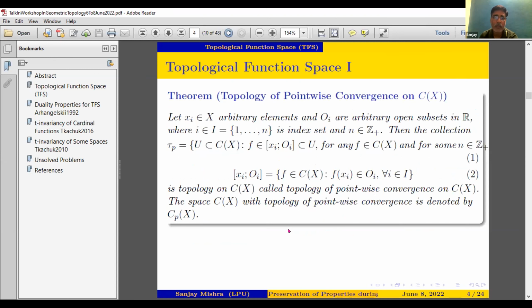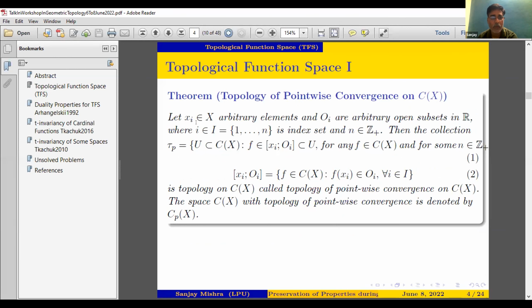So first, which type of topological function space are we going to consider? The first is the topology of pointwise convergence on C(X). C(X) means the set of continuous functions from X to R. So it is a set of real valued continuous functions, where X is a Tychonoff space. How is the topology of pointwise convergence defined?